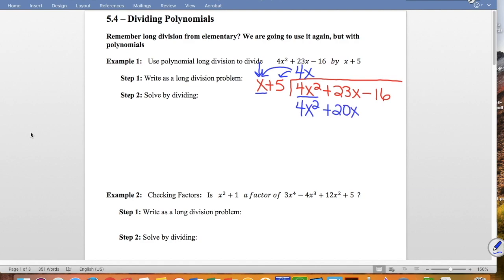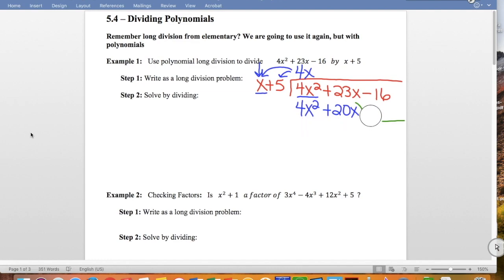Okay? And just like the very next step in long division, we are now going to subtract. We're subtracting this entire quantity right here, so that negative out front of the parentheses needs to be distributed all the way through. So my positive 4x squared becomes a negative 4x squared, but also my positive 20x now becomes a negative 20x.